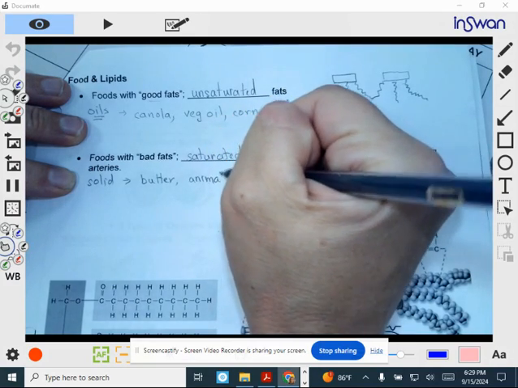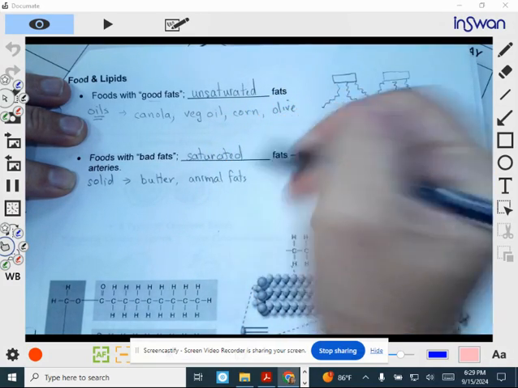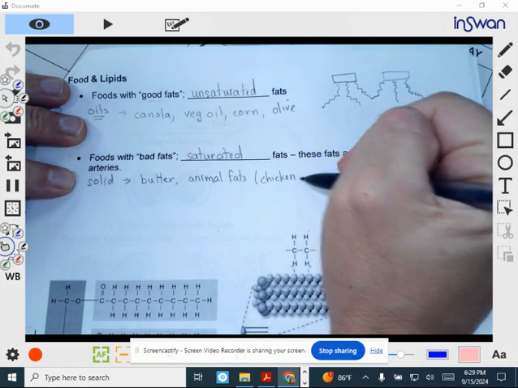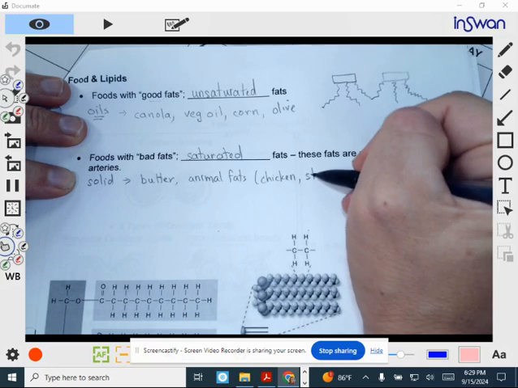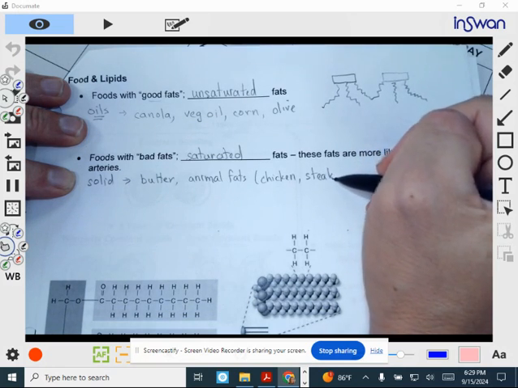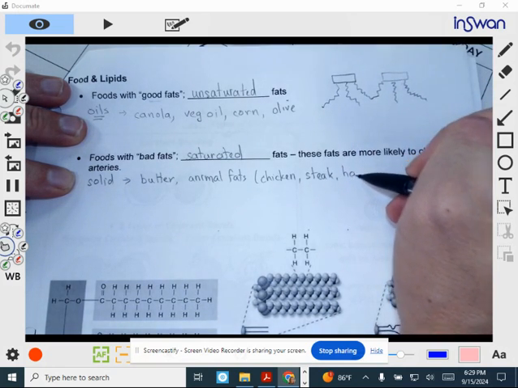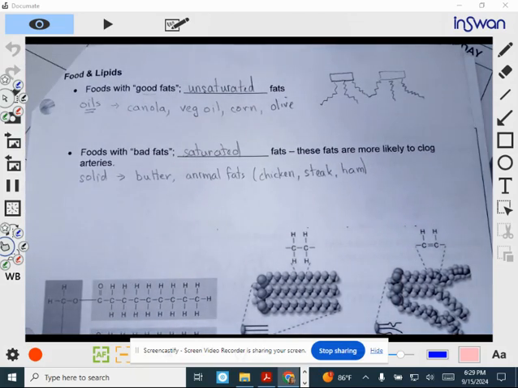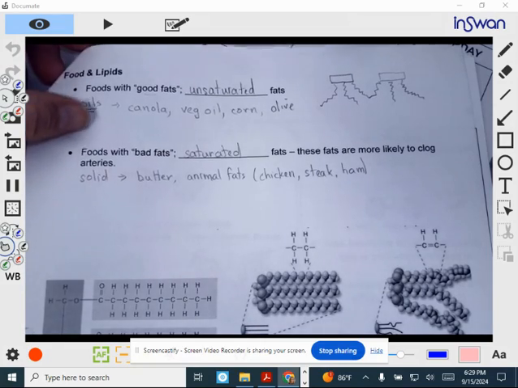So let's think about if you cut off fat from chicken or from steak, ham, etc., those are solids at room temperature. Those are your bad fats that you would want to avoid.